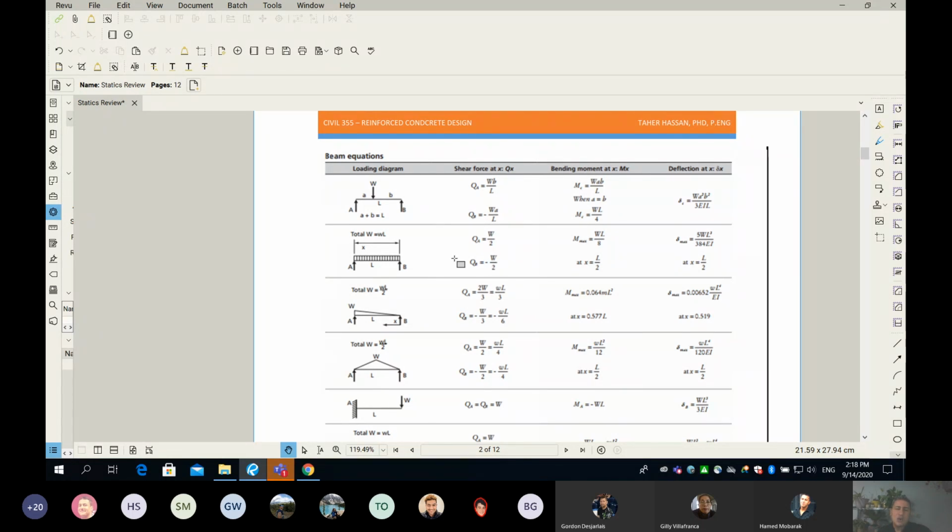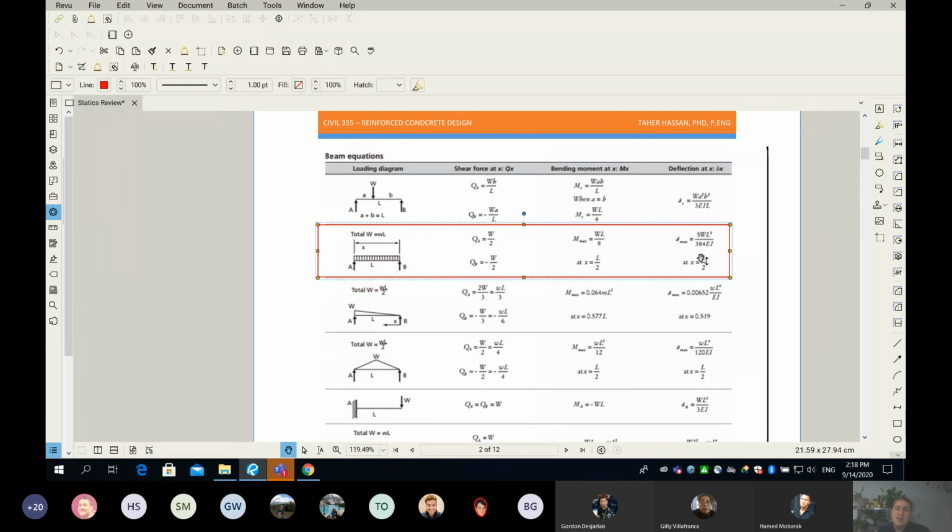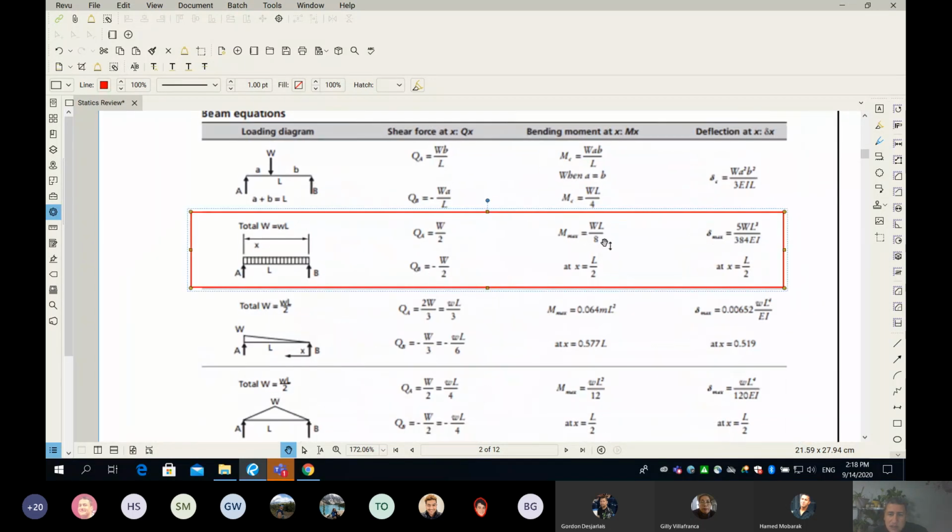Really, please focus on those. So I'm going to focus on this one. This one is very important for me, which is how to find the moment and the shear for a simply supported beam. I don't know if this is right, because I don't know if the resolution is bad, but the maximum bending moment is simply, oh, I'm sorry, because look, you have to be careful, because look at the definition. In this equation, they use W capital.